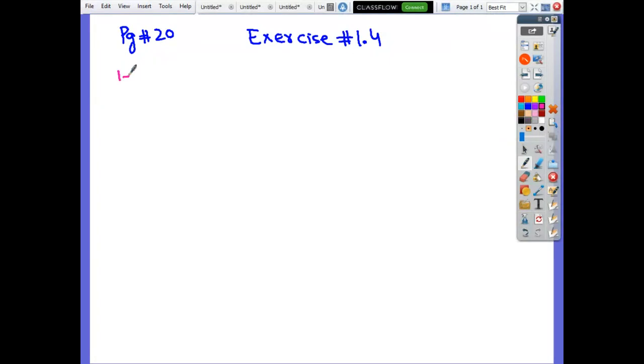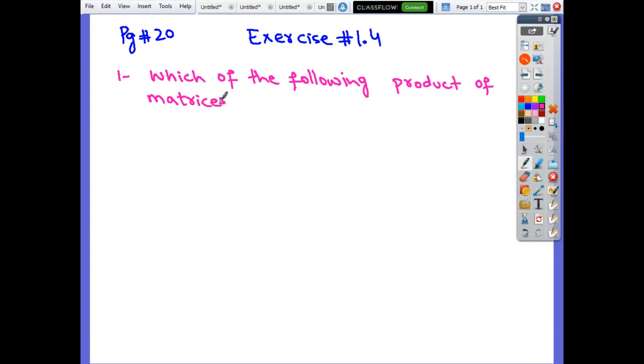question number 1 is, which of the following products of matrices are conformable for multiplication?